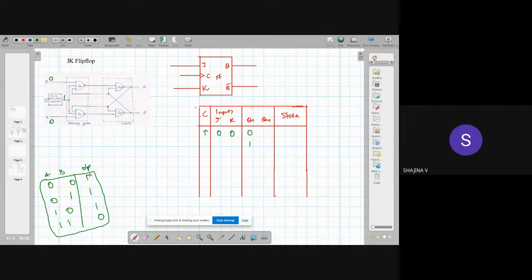Okay. From this we can say if one of the input is 0, that is in these first three cases, if one of the input is 0 to the NAND gate, the output will be always equal to 1.